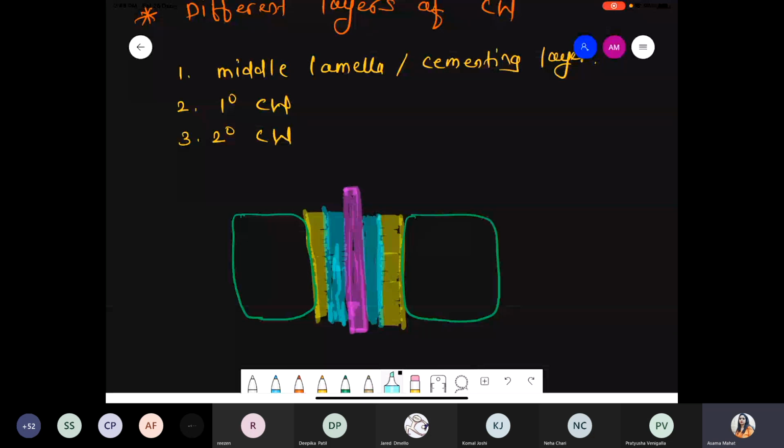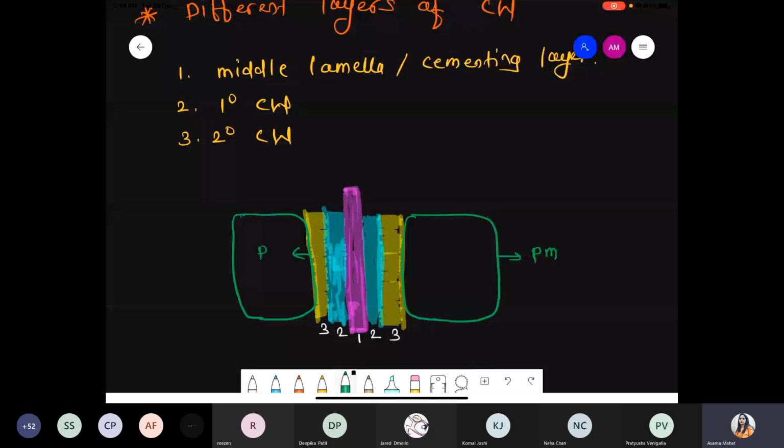They are present all over the wall of the cell, numbered 1, 2, and 3. And whatever the green color is there, that green part is the plasma membrane.